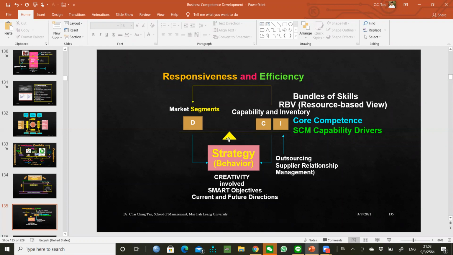So your continuous improvement and continuous data collection will be put into your intelligence box controller, which helps you adjust your strategy, which is the pivoting point that you have, and that has to be creative, right? And involve SMART objectives, something that is specific, measurable, achievable, realistic, and timely, in consideration of the current and the future direction, something like that.